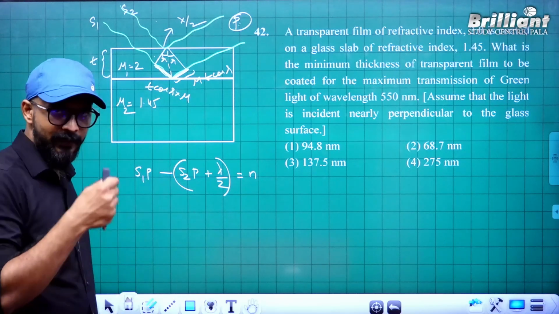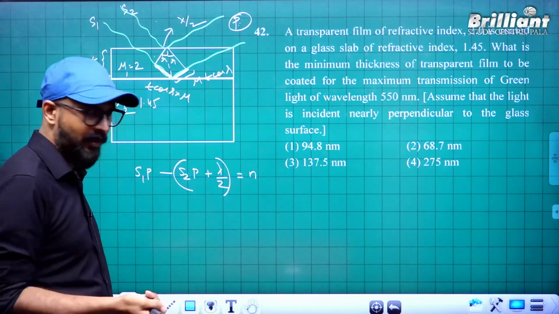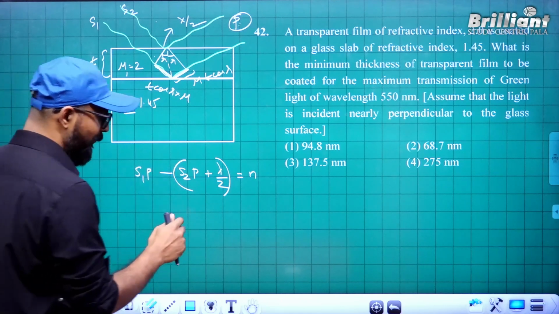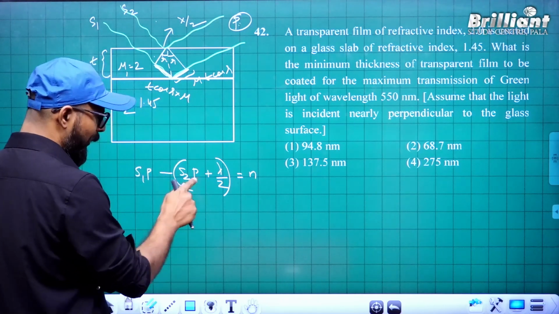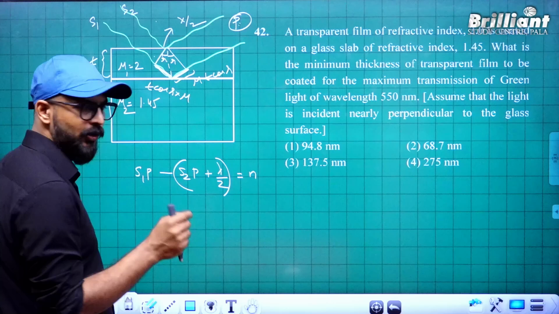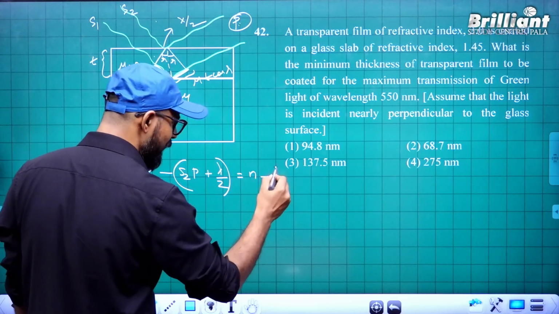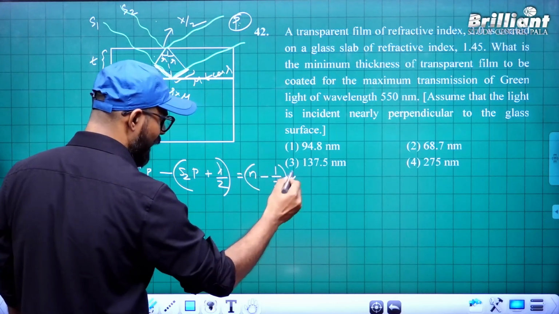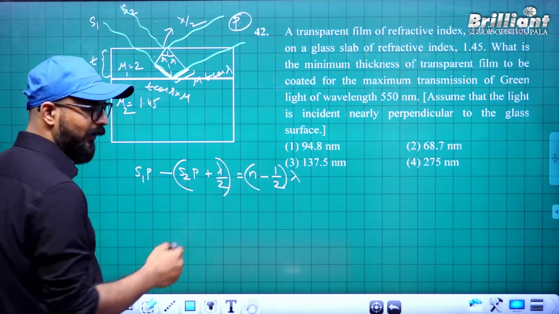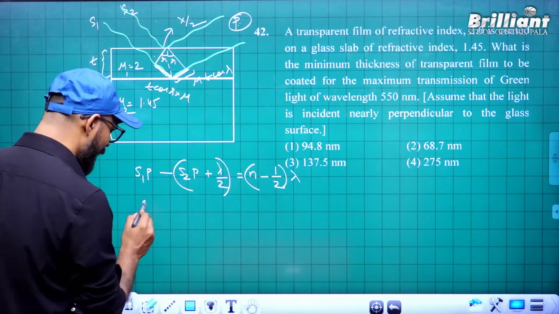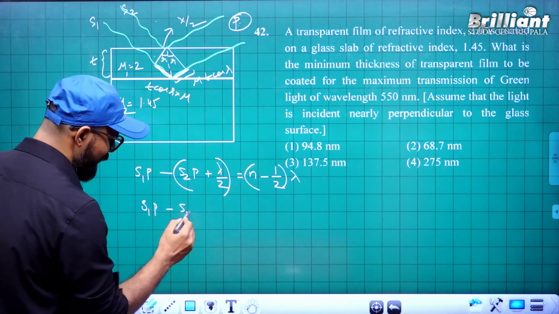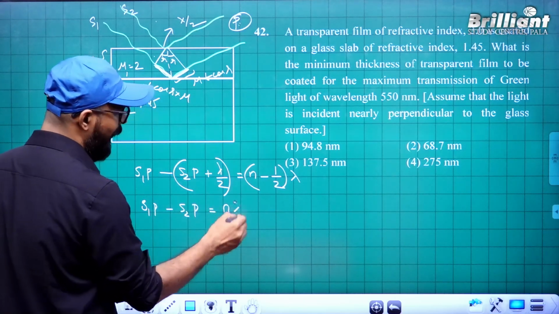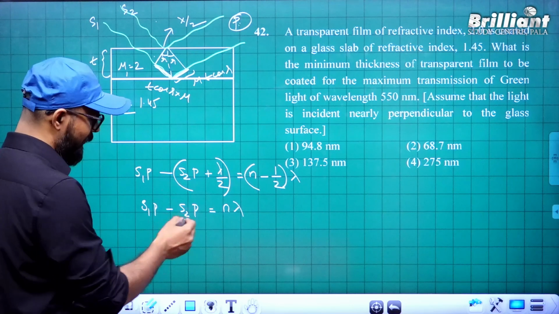I can go either with n minus half lambda or plus half lambda. So always choose in a way that, if I open the bracket, I will end up with minus lambda by 2. So you choose minus half lambda over there, so that it gets cancelled. Clear? Then we get the equation S1P minus S2P is equal to n lambda. Clear? This is the expression.